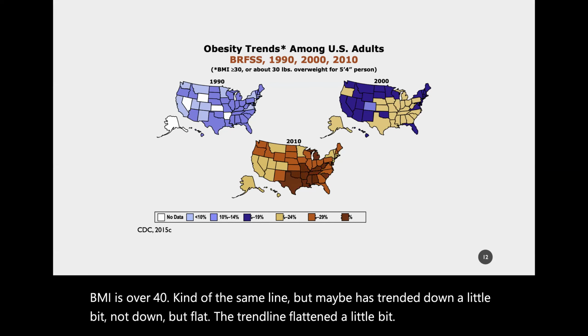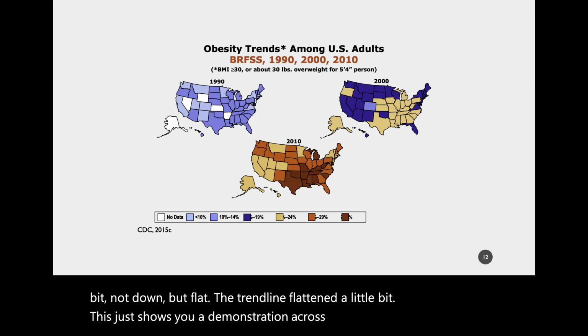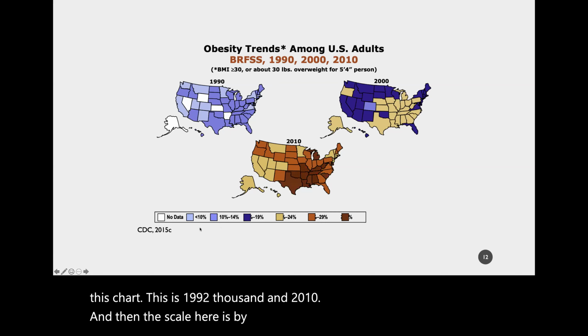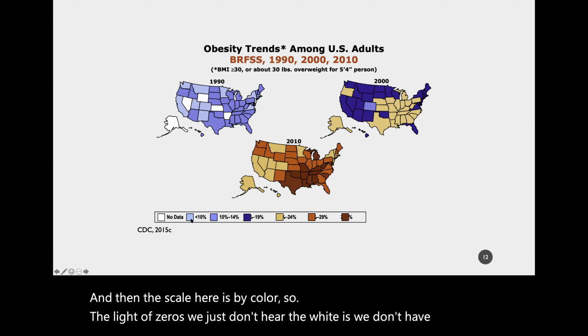This just shows you a demonstration across the country. So to orient you to this chart, this is 1990, 2000, and 2010. And then the scale here is by color. So the white, we don't have any data.